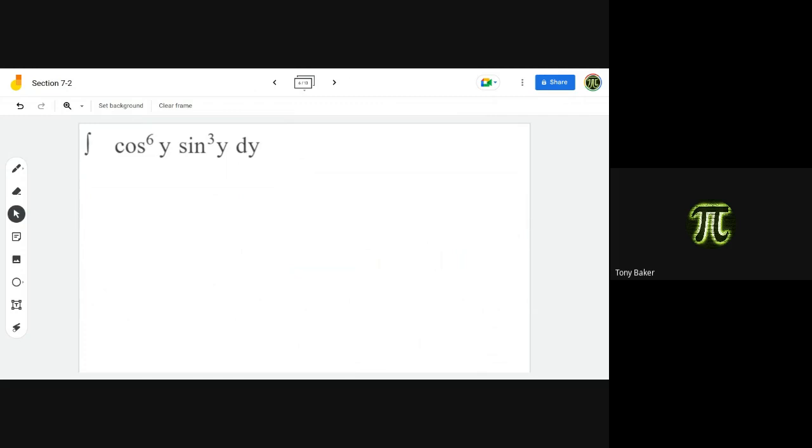Okay. Now your goal is to make all the cosines over here. You need one for this. So all the rest of the cosines have to be sines. So that's your piece there. All right, you only ever want to do this.